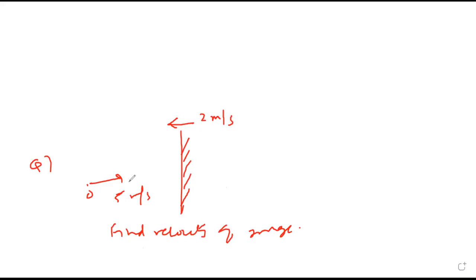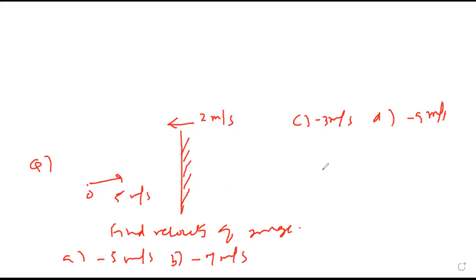If I take left to right as plus, that will be minus. Now we want the image velocity when the mirror is also moving to the left-hand side with a velocity of 2. Options are minus 5 meter per second, minus 7 meter per second, third option minus 3 meter per second, and minus 9 meter per second.